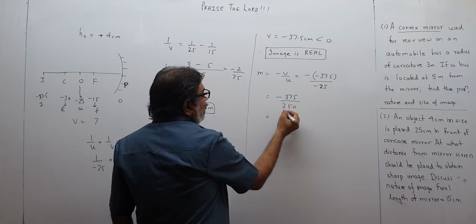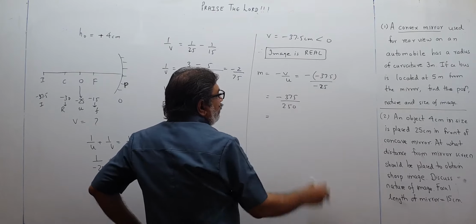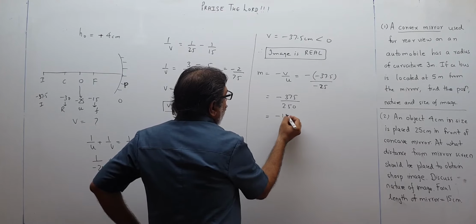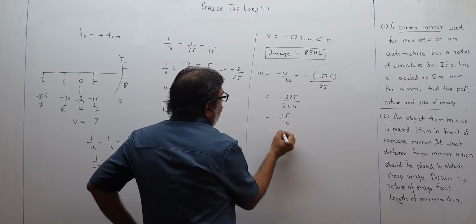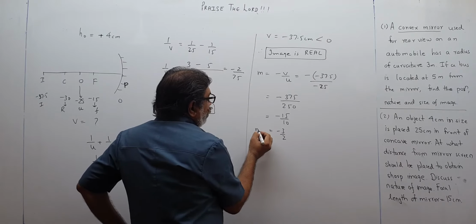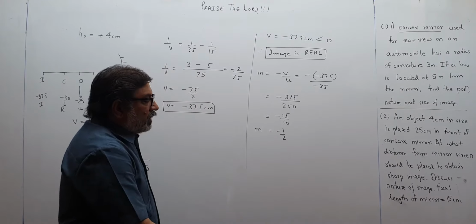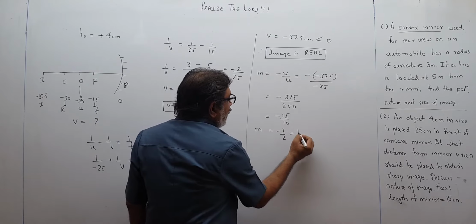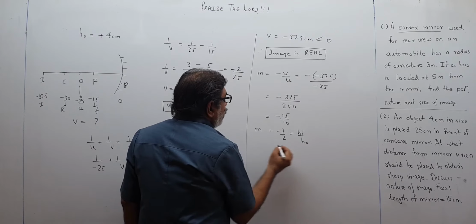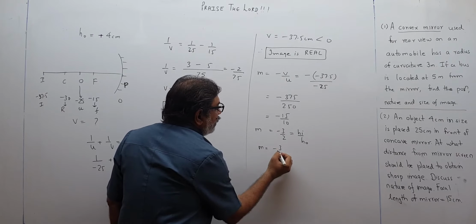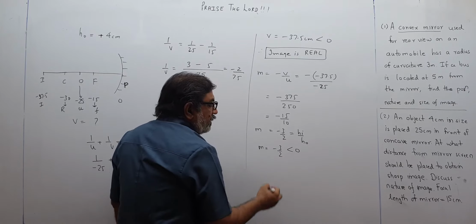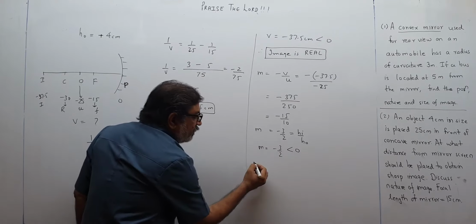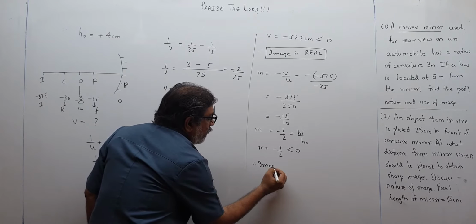Then cut by 25. 25 will go how many times? 15 times, and 10 times. So m is minus 3 by 2, and m is hi upon ho. So m I am getting as minus 3 by 2, less than 0. So whenever magnification is negative, therefore the image is inverted.